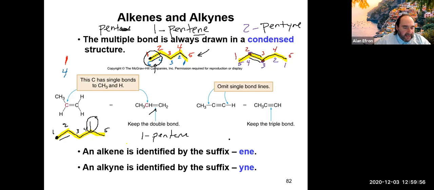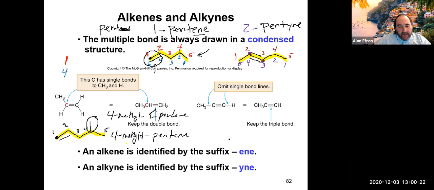And because I have to lock in numbering left to right because the double bond takes the priority here because it's the functional group, that means that my methyl group will be at carbon 4, and this would be 4-methyl. I'll try to squeeze it in there. 1-pentene.